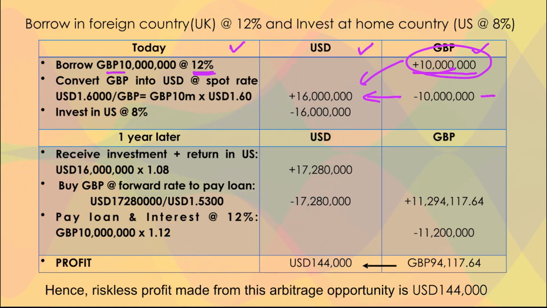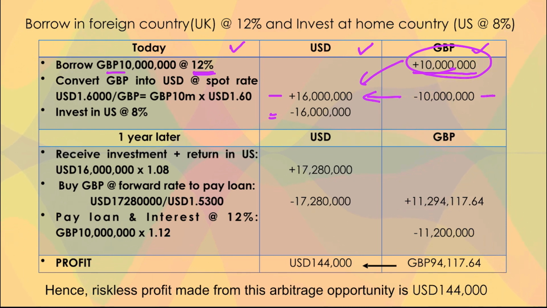We convert GBP into US dollar at spot rate 1.6 per GBP. So GBP 10 million times USD 1.6, here USD is 16 million. And then we invest in US, so you minus 16 million, because the money already goes to US.